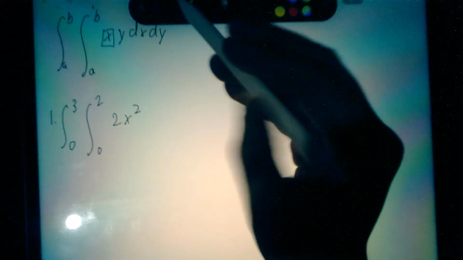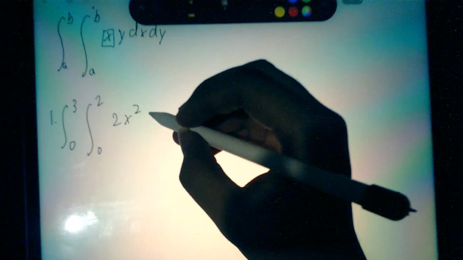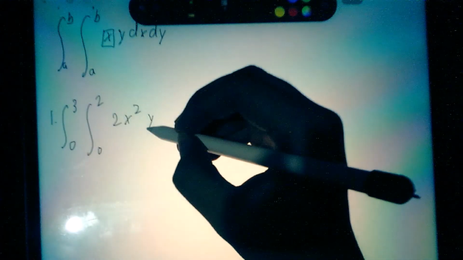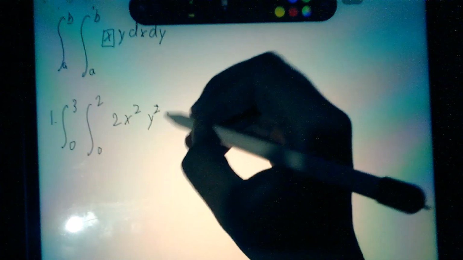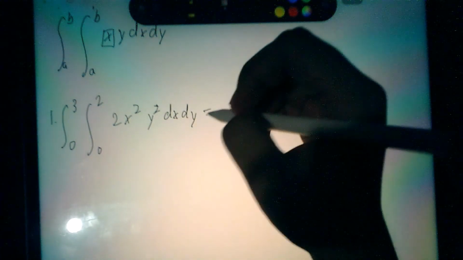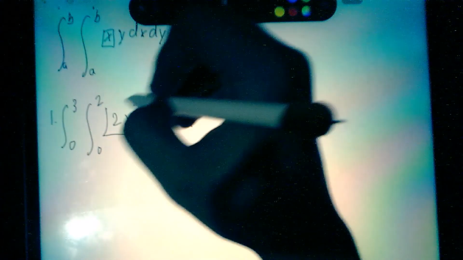Let me change the problem, 2x squared times, let's say y squared dx and dy. So first we need to integrate this part.